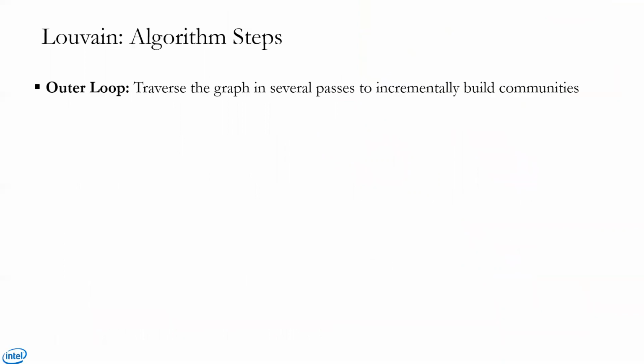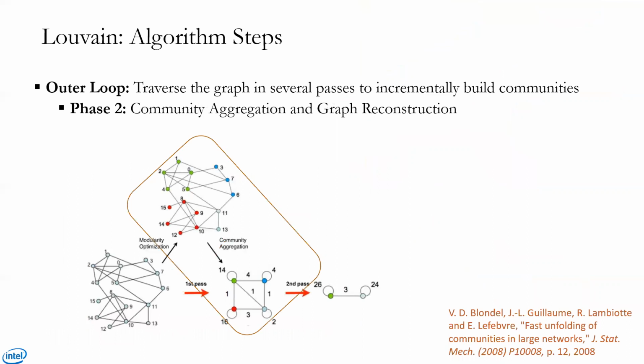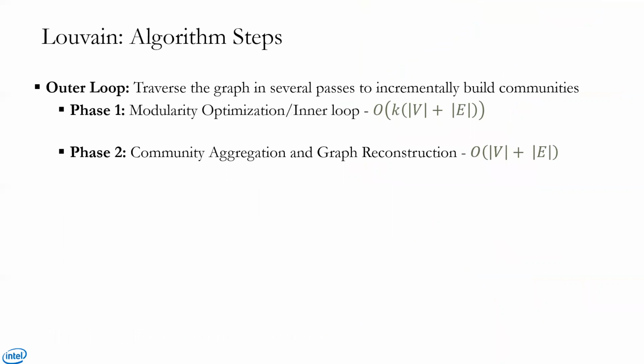At a high level, the Louvain algorithm has an outer loop that traverses the graph in several passes to incrementally build communities. The outer loop can be divided into two phases. Phase 1 is an iterative modularity optimization phase, and phase 2 is the community aggregation and graph reconstruction phase. Phase 1 takes asymptotically more time than phase 2, and that's why we focus on phase 1 only.